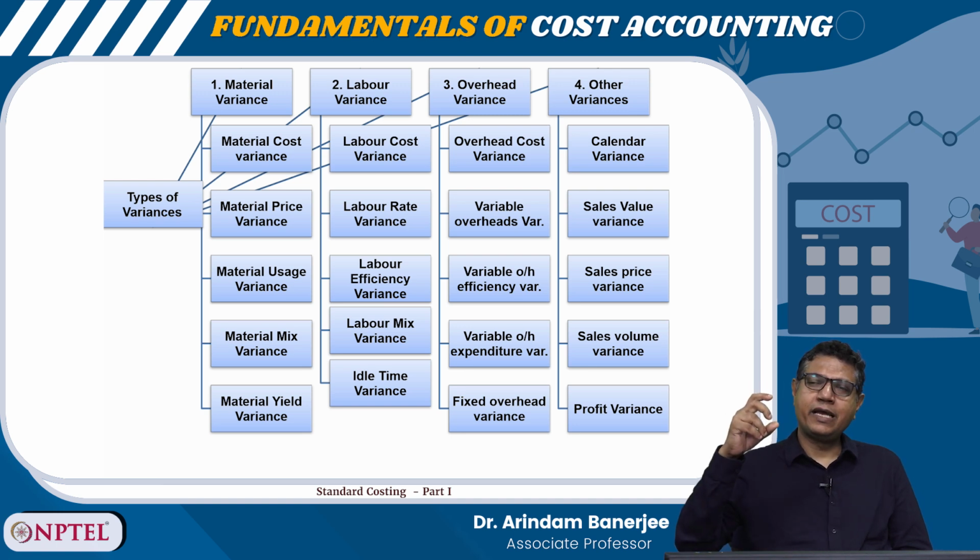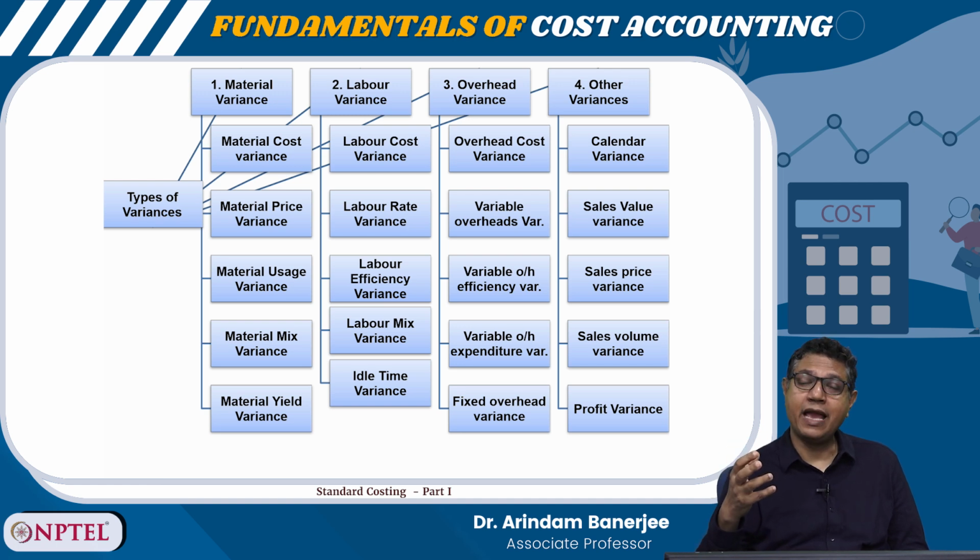So total cost I get how? Material cost plus labor cost plus overhead. But as technology is evolving, work is becoming more automated, more mechanized, so the importance of overhead is increasing, particularly in the service industry. Overhead is a major component, so it carries a lot of importance.